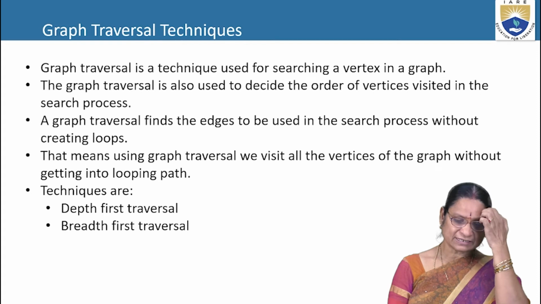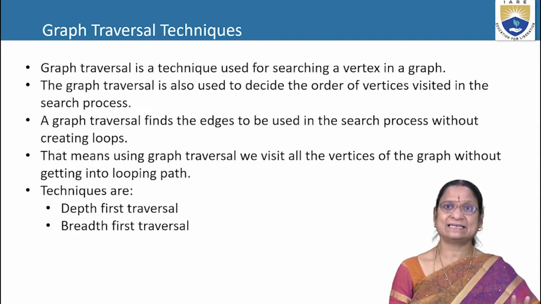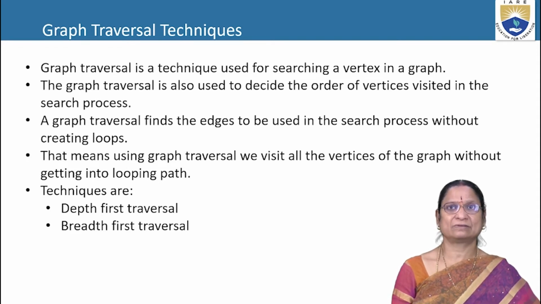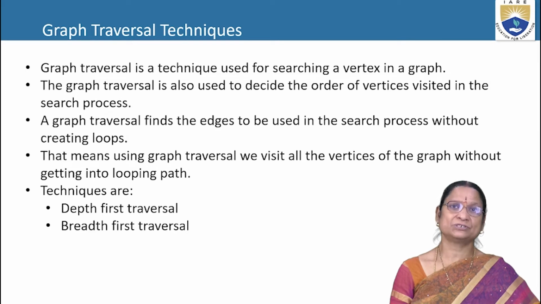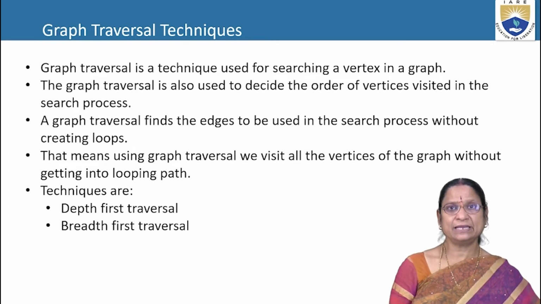So graph traversal is a technique used for searching an element or a vertex in the graph, and traversal means accessing each and every node once. Graph traversal is also used to decide the order of the vertices visited in the search process. It finds the edges to be used in the search process without creating any loop.